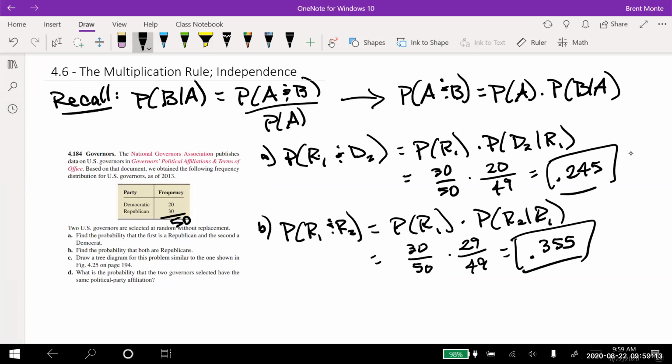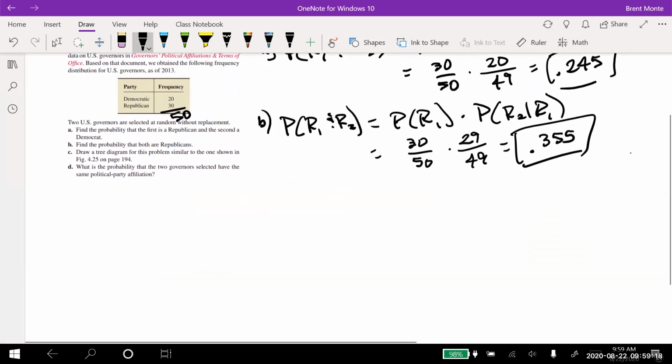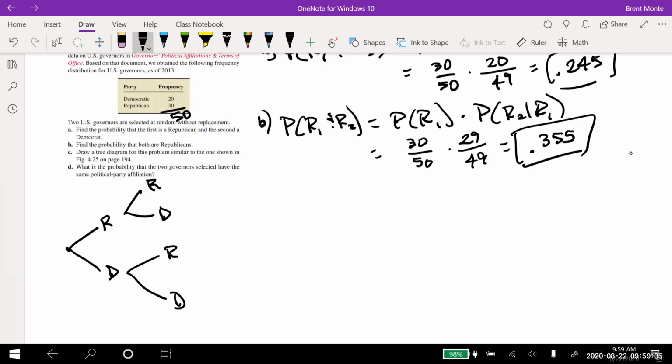C says draw a tree diagram. If you want to draw a tree diagram, I don't think I've assigned any tree diagrams, but what we would do here is start off and say the first one can either be Republican or Democrat. And then the second selection can either be Republican or Democrat. And if I picked a Democrat, the second one can either be Republican or Democrat.